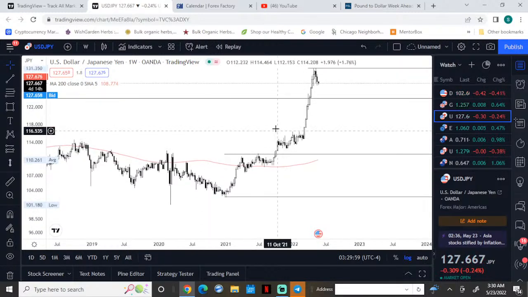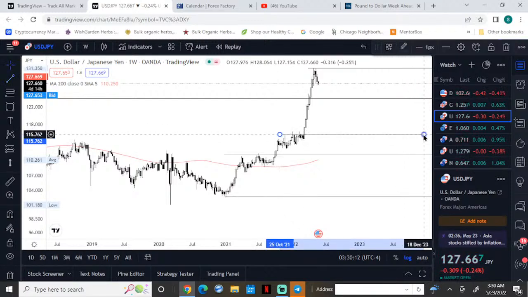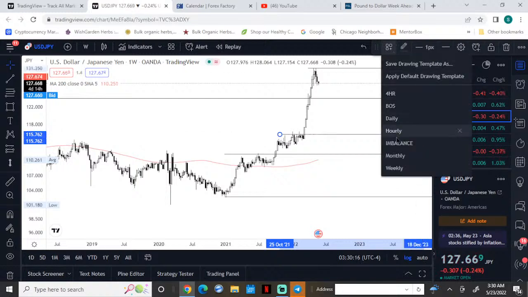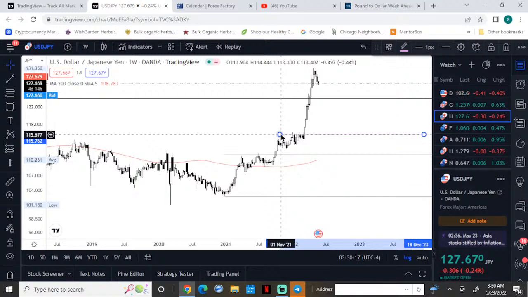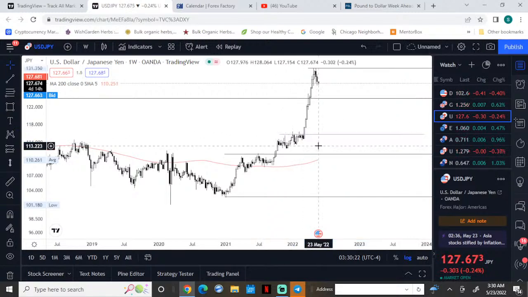What we got? I am gonna mark right here on the weekly. See, touch this line a couple of times. A lot of consolidation right there.